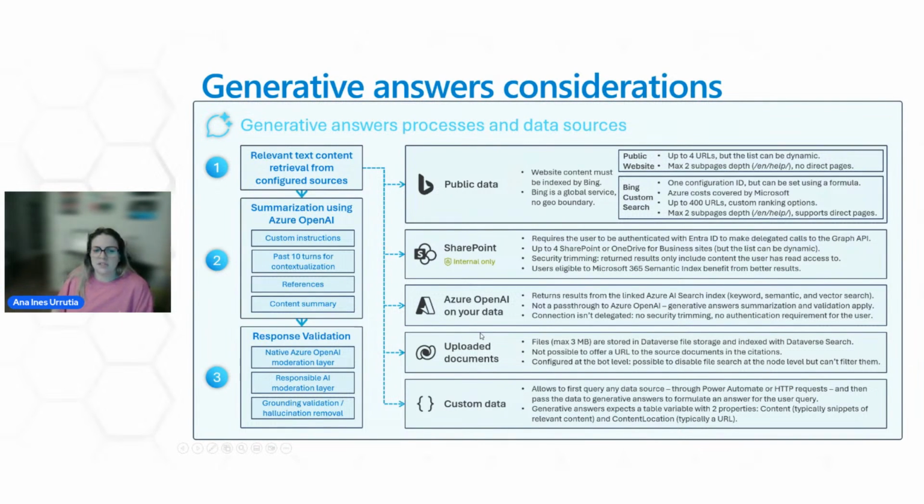And then for documents, we have a limit of 3 megabytes on the files that will be stored in Dataverse and indexed with Dataverse search. We cannot offer a URL to source the documents in the citation. So when we ask a question and the Copilot is retrieving that information from the web, it will give us a citation, and we can click on that citation and go to the reference on the web.